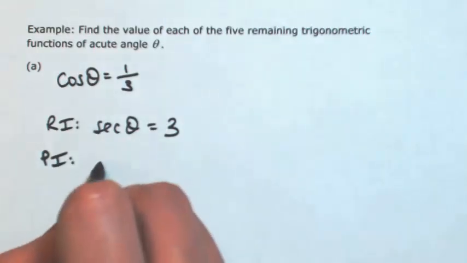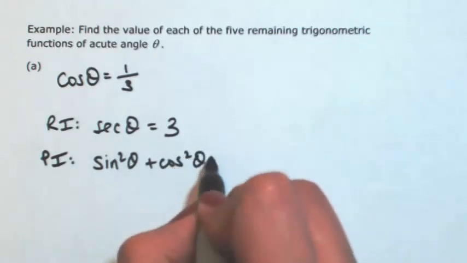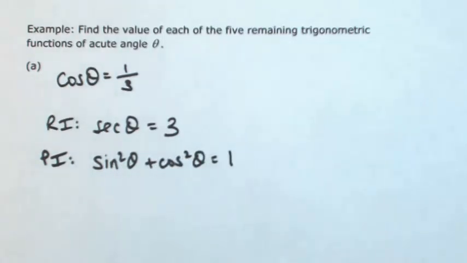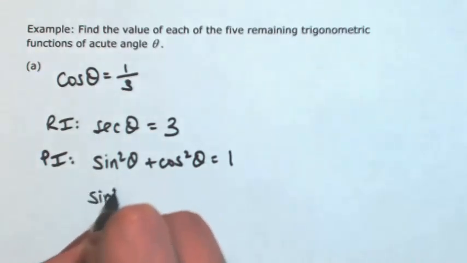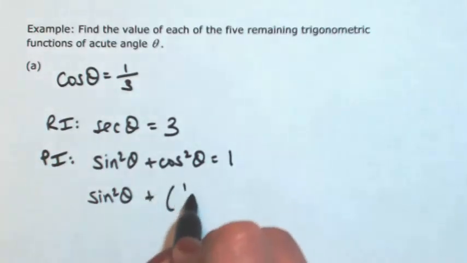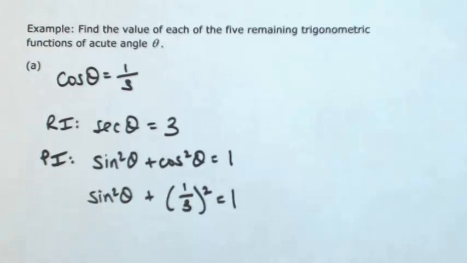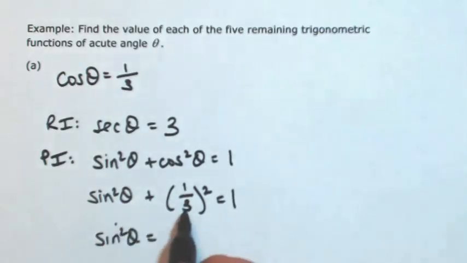Involving cosine, we would use sine squared theta plus cosine squared theta is 1. So if I know cosine, I can find sine. So let's solve for sine. Replacing cosine with 1/3 and then squaring that, solving for sine squared theta. 1/3 squared is 1/9, so 1 minus a ninth is 8/9.